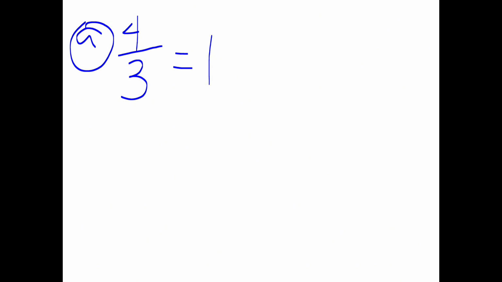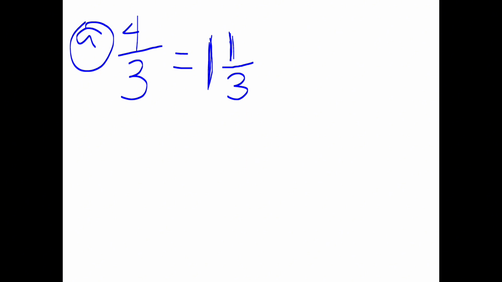It remains what? 1. So we have 4 divided by 3 to give us 1 remainder 1. So the 1 you got as your answer will be the whole number, and then your remainder will form the numerator for your fraction, and then your 3 will be your denominator, what you are dividing with.